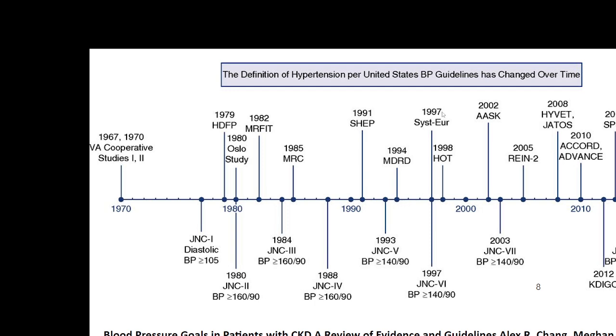In 1997, the normal circulatory pressure was brought down to 140 by 90, and then in 2017 it was brought down to 130 by 80. So all that we know about the circulatory pressure and hypertension is a statistical analysis, and these are revised regularly.